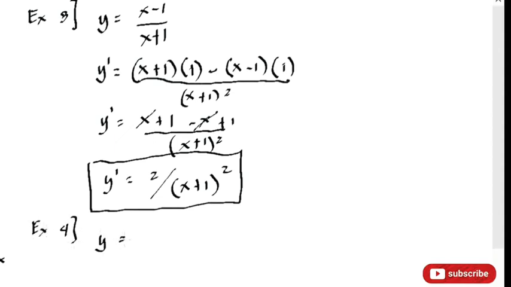If we have y equal to 2x cubed plus 4, for instance, over x squared plus 1, what is the derivative of this?